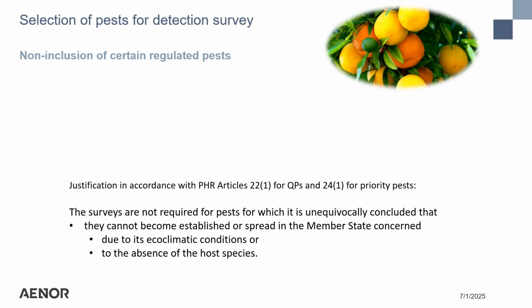A long list of quarantine pests for detection surveys can be made shorter by justified exclusion of regulated pests. The surveys are not required for pests for which it is unequivocally concluded that they cannot become established or spread in the member state concerned due to its ecoclimatic conditions or due to the absence of host species.